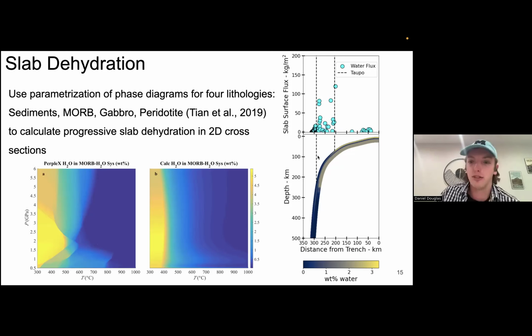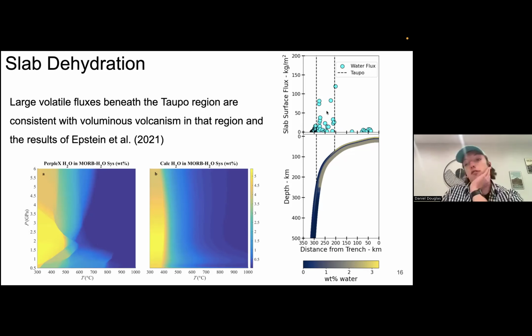These black vertical dashed lines represent the lateral extent of the volcanic zone. So we're seeing this large flux beneath the area where we see the most volcanism at the surface. The idea is that this would lend itself to melting the mantle and generating the large volcanism that we observe at the surface.